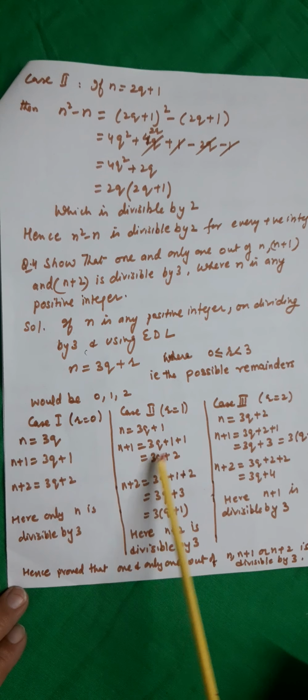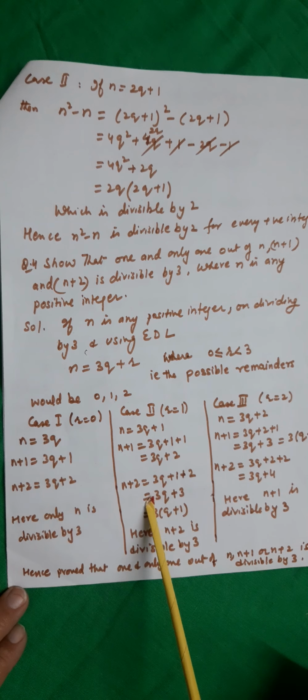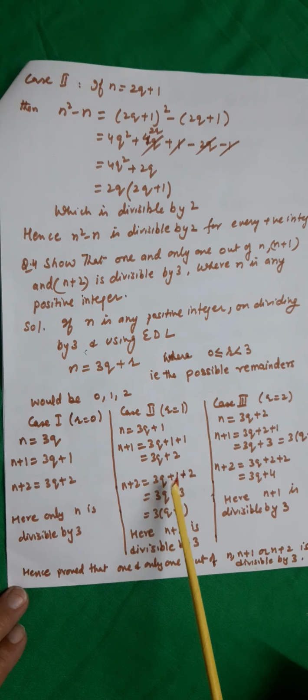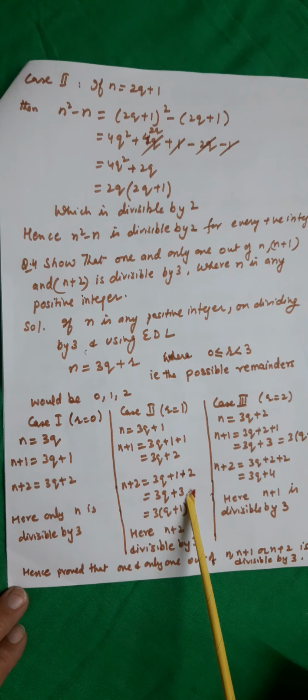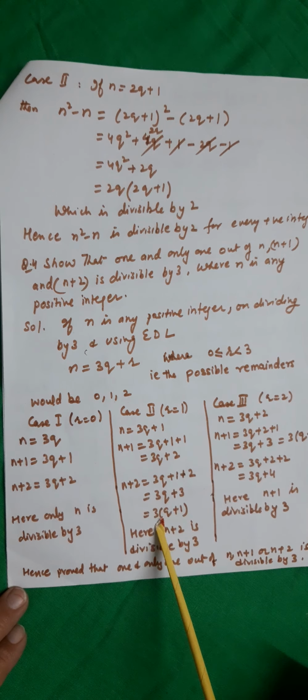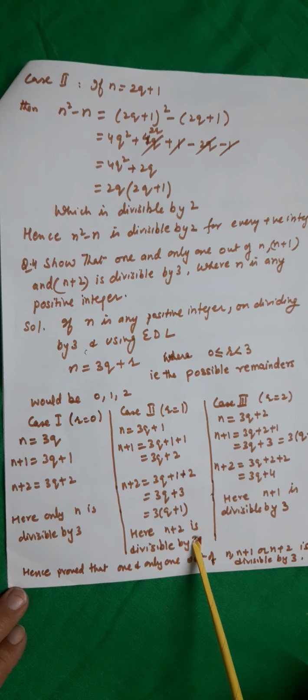N plus 1 will be 3q plus 1 plus 1, which is 3q plus 2. N plus 2 will be equal to 3q plus 1 plus 2, which is 3q plus 3. And this can be written as 3 times (q plus 1). So that means this is a multiple of 3 or it is divisible by 3.